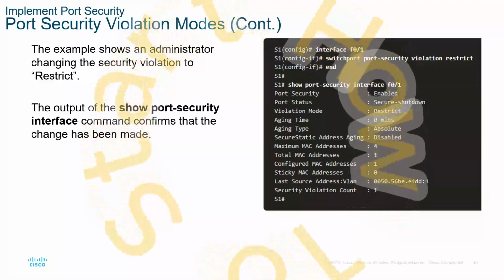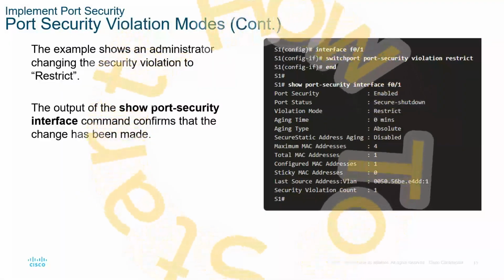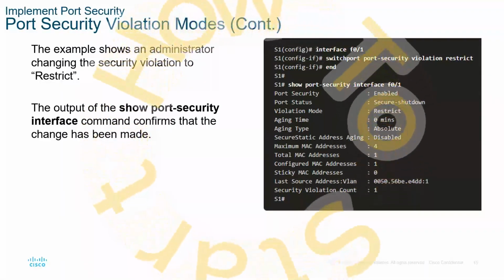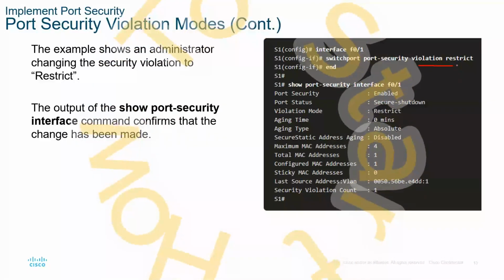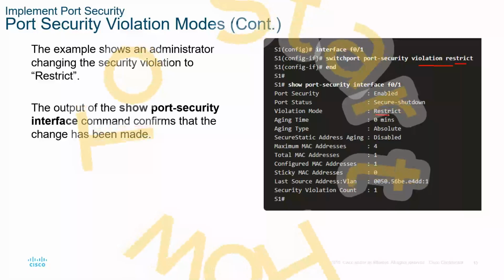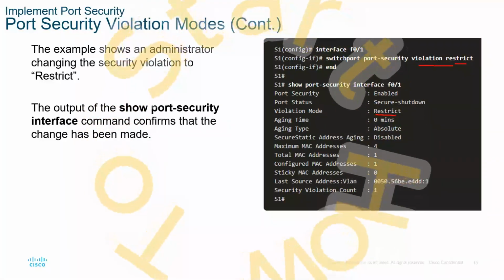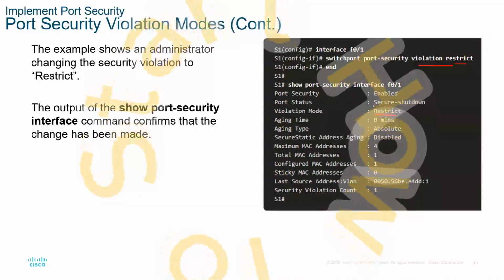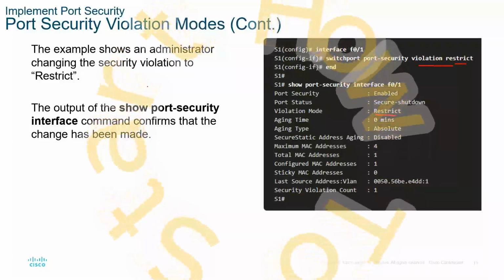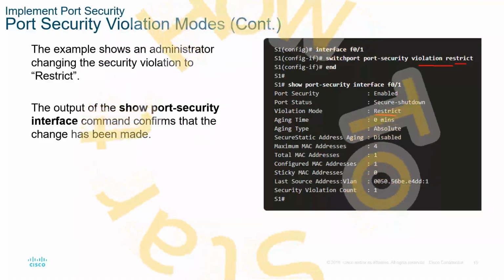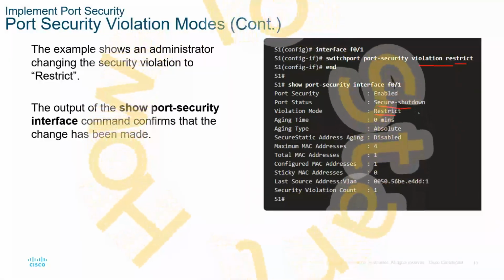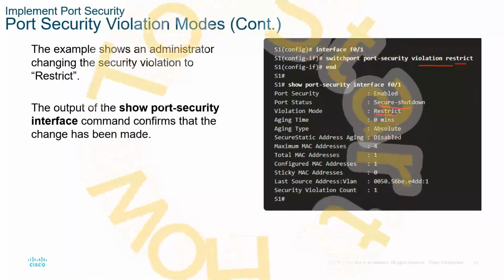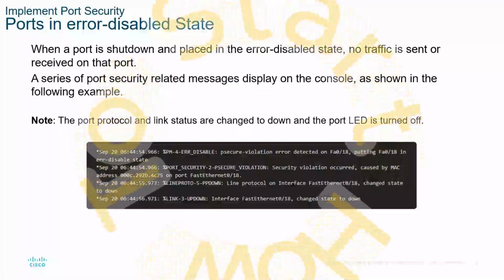Here we have an example. We can do a show port-security interface if we wanted to. We've set the violation mode to restrict, and we can now see that it's restricted. If there is a violation, we can see that it's going to transition to a secure shutdown instead of an error disabled state.